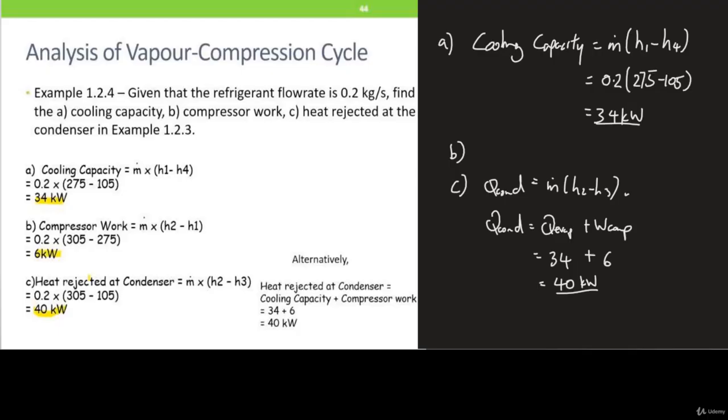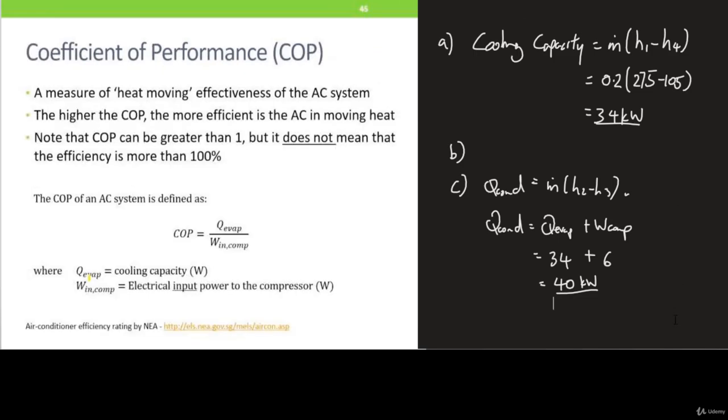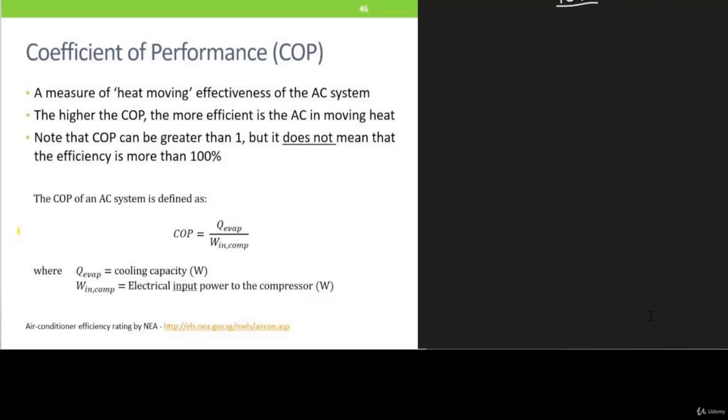So let's go to the next part, which is the last part of the calculation that you need to know. That is on COP. So what is COP? COP represents coefficient of performance. In other words, it's telling you how efficient your system is.